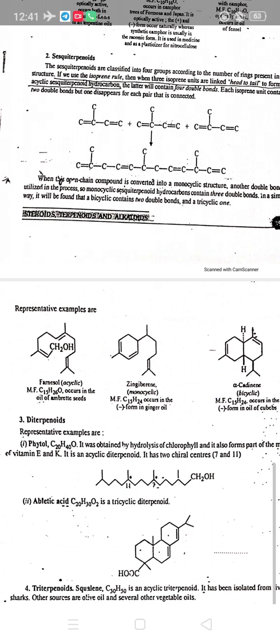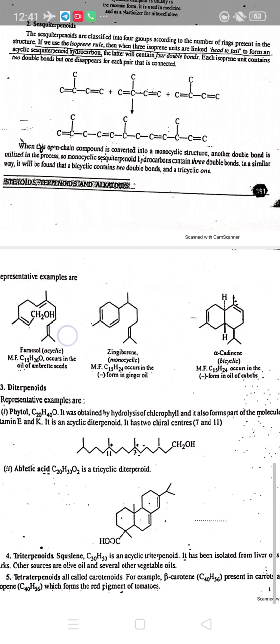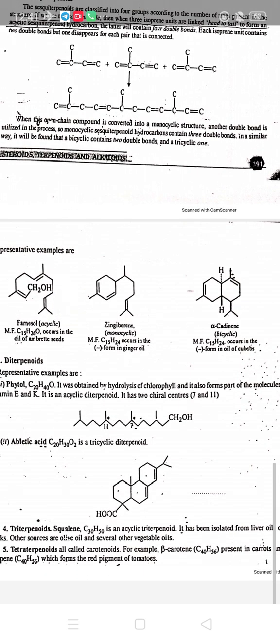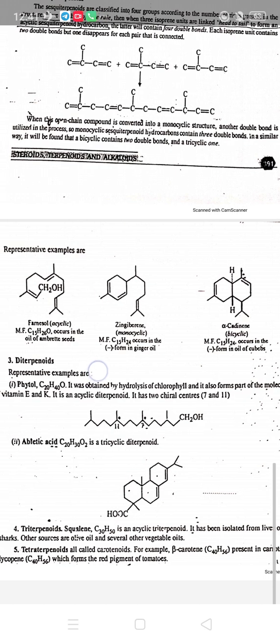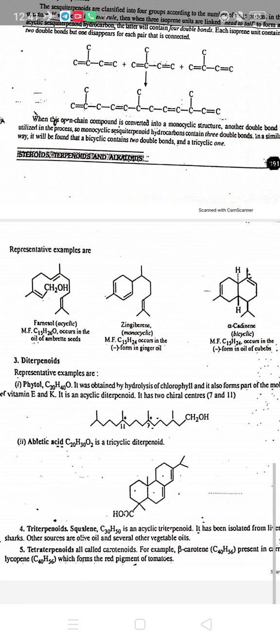When this open chain compound is converted into a monocyclic structure, another double bond is utilized in the process. So monocyclic terpenoid hydrocarbons contain three double bonds. In a similar way, bicyclic contains two double bonds and a tricyclic one.